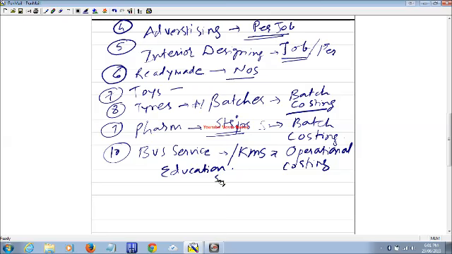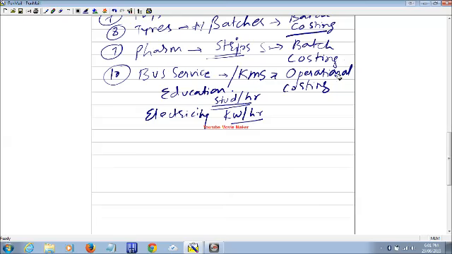We have different examples of operational costing, like the education industry, where education is measured per student per hour, meaning how many hours the students sit and listen to the lectures. And we have electricity, which is calculated in kilowatt per hour.